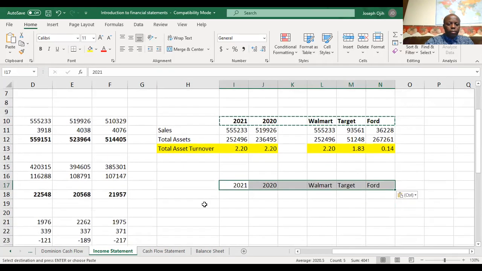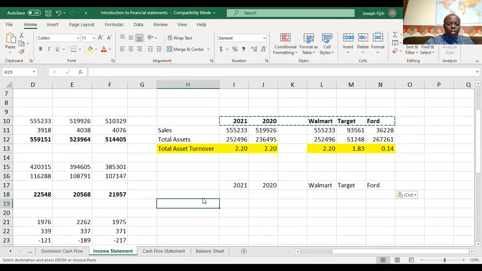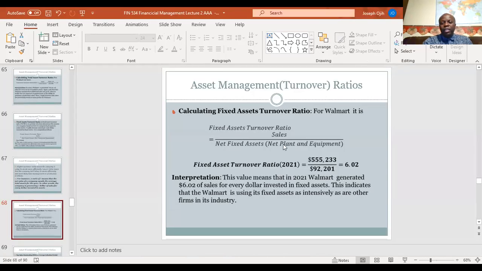If you look at the formula, it is sales over net fixed assets. The net fixed assets we're going to use here is the net plant and equipment. That's the fixed asset we have for Walmart.